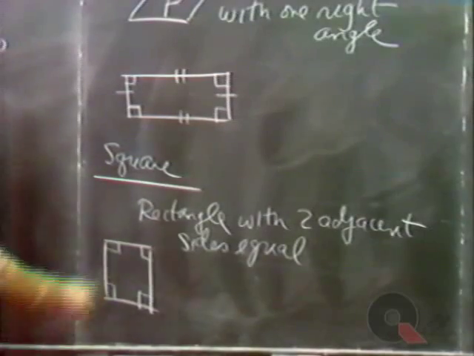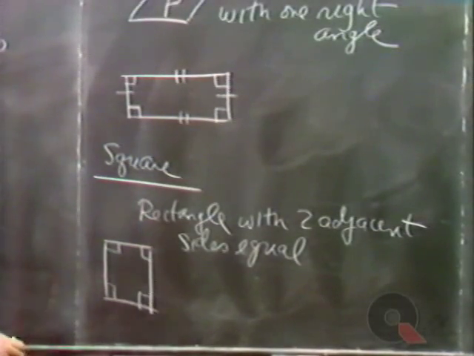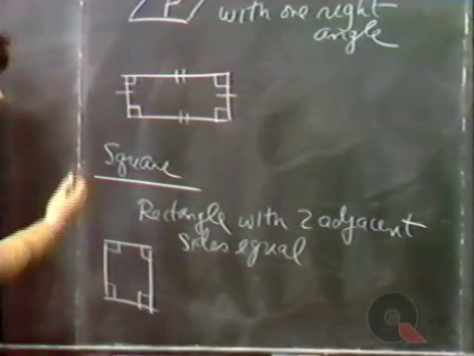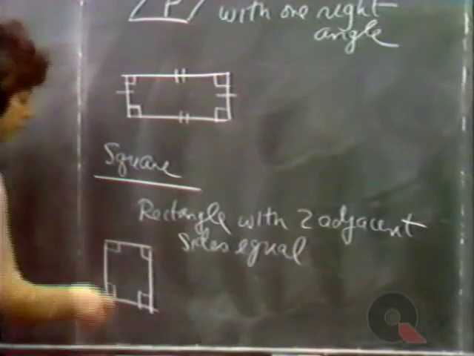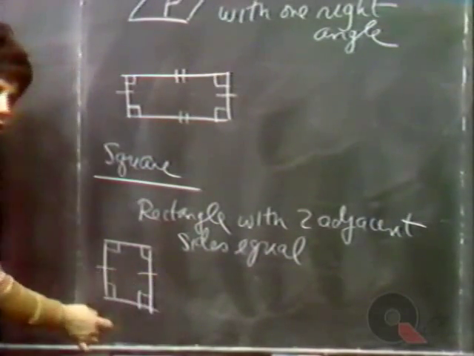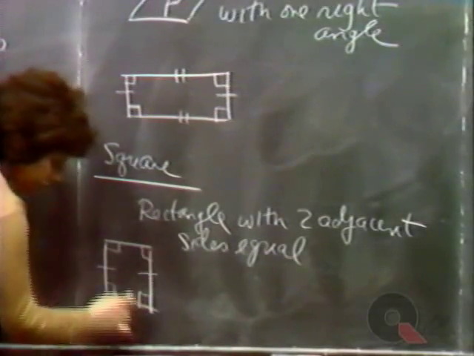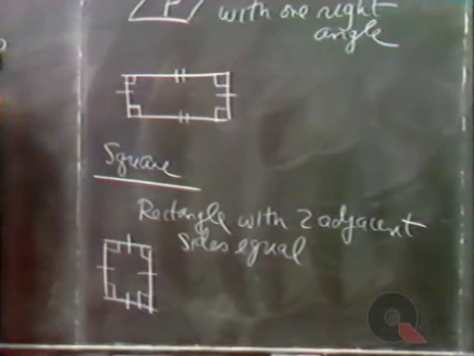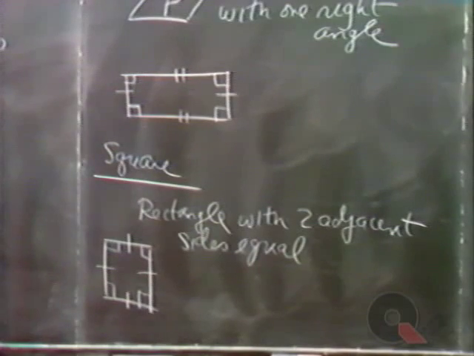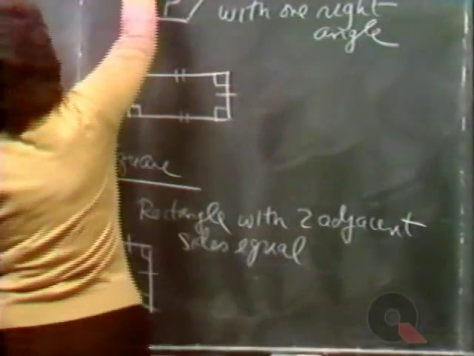It does. But all you have to do is show that it's a rectangle and 2 adjacent sides are equal. The fact that it's a rectangle or a parallelogram tells me that the opposite sides are equal. The fact that adjacent sides are equal as well means that all 4 sides must be equal in length. These are special parallelograms.